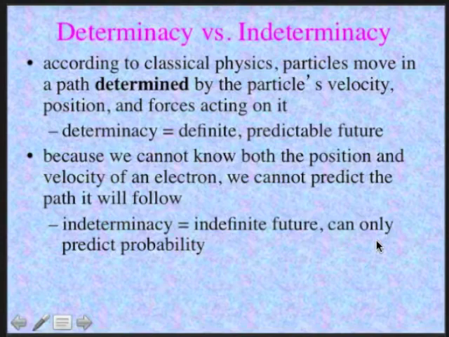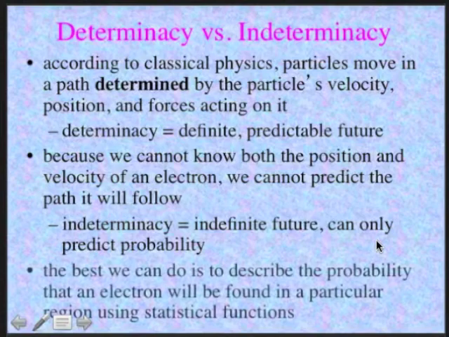So this would be called indeterminacy, with an indefinite future, and we can only talk about probability, about what's going to happen. The best we can do is describe the probability that an electron will be found in a particular region using statistical functions.